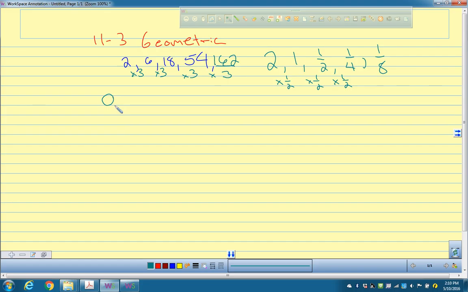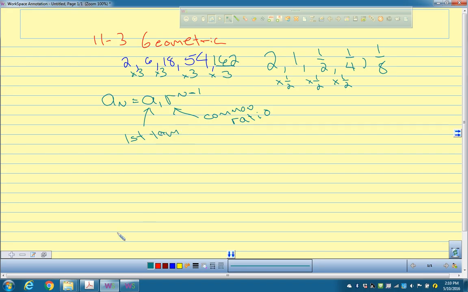The way it's defined is another formula: a sub n is equal to a sub 1 times r to the n minus 1. r is called the common ratio, and a sub 1 is the first term.